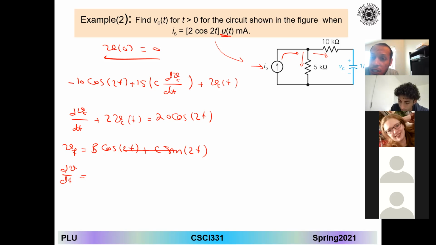Then you just compare the two sides: the parameters for the cosine together, the parameters for the sine together. Okay.